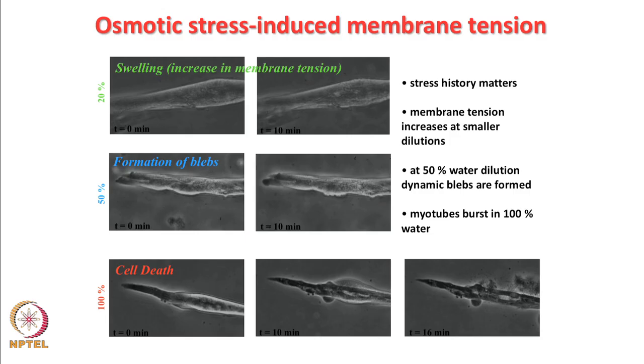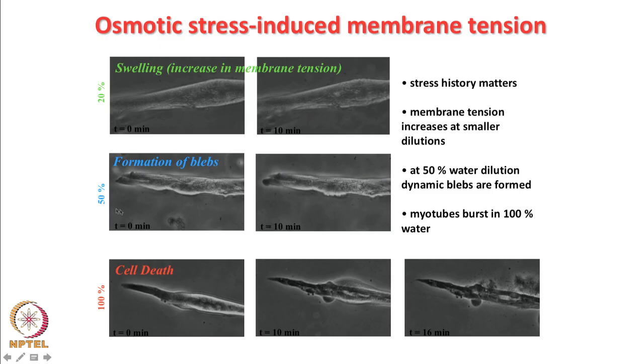The simplest case I have is osmotic swelling. What you are looking at here is a muscle cell, an in vitro myotube, which is exposed to water. When you have 20% water, the membrane of the cell does not exhibit any obvious changes in its phenotype or morphology.